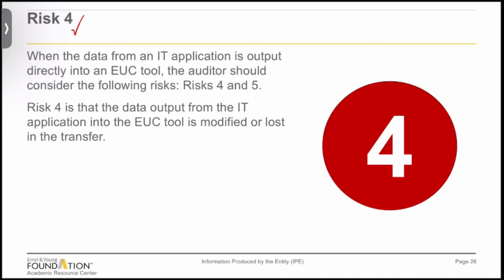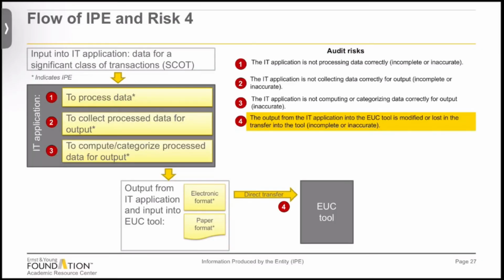So risk 4 is that data output from the IT application into the EUC tool is modified or lost in the transfer. So here, from the IT application, the output is a direct transfer into an EUC tool.